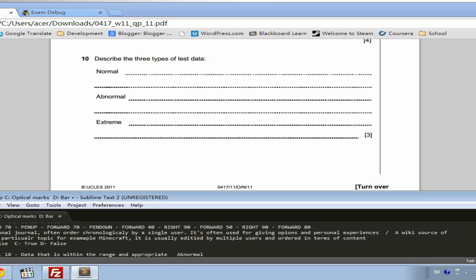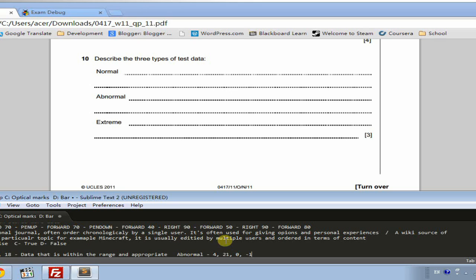Abnormal, so if we have 5 to 20 as a range, abnormal is when it's just strange or completely wrong. So, for example, 4 would be abnormal in this case, or 21, or 0, or -1.